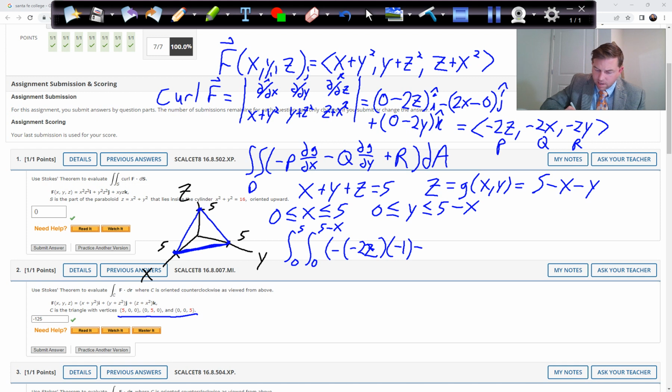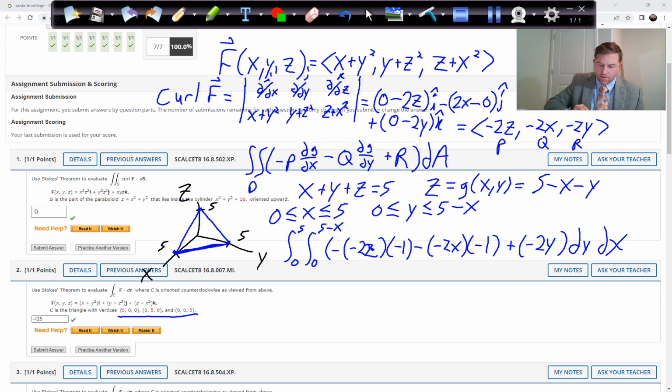Then this is going to be minus Q, which is negative 2x, times dg/dy, which is also negative 1. And then it's plus R, and R is negative 2y. And we're doing dy dx.